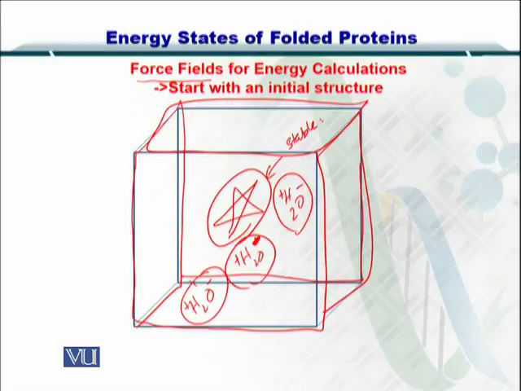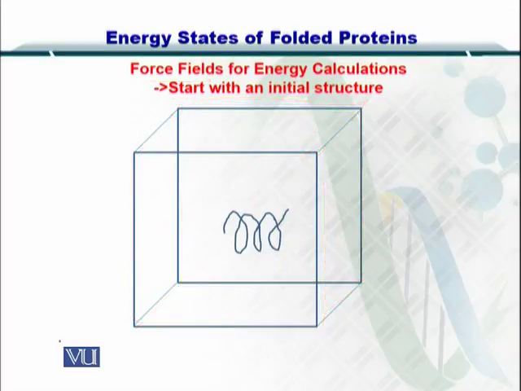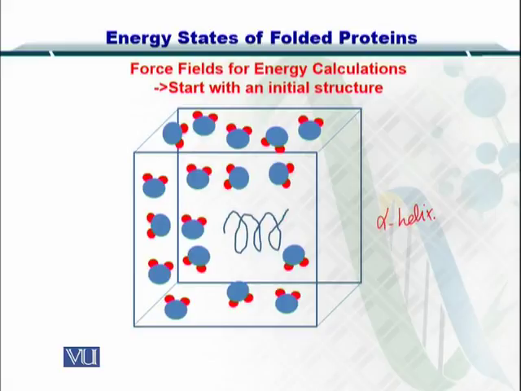Okay, so let's take a look at how the simulation looks. Here is your protein. It's an alpha helix, a small protein, and here are the water molecules. This is O, this is H. So this side has a positive charge and this side has a negative charge, and the protein is going to interact with these water molecules.